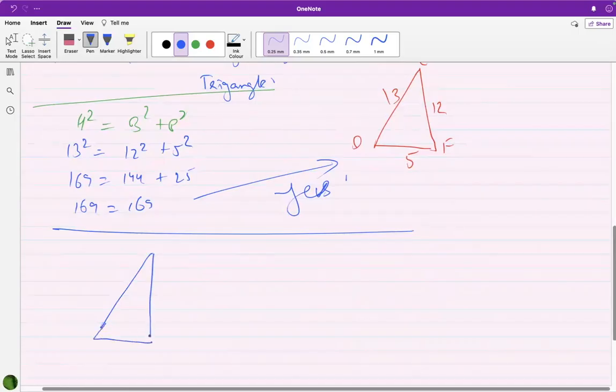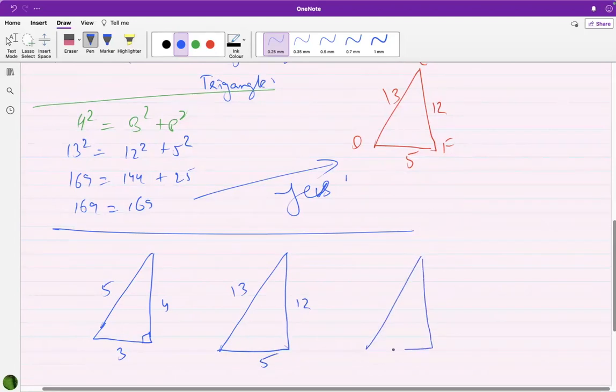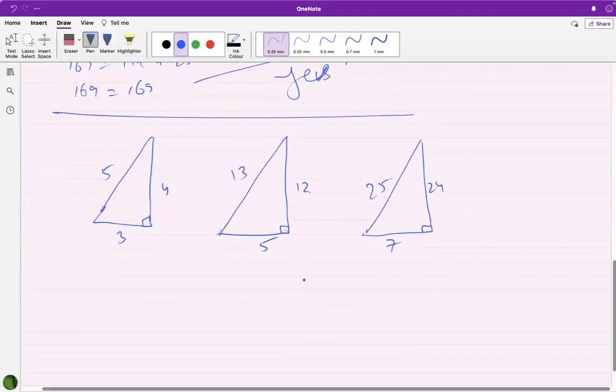We just did it two times. That was 3, 4, and 5. And we did one more question, which was 13, 12, and 5. Then 25, 24, and 7. So somehow, just by solving questions, when there are no decimals, this goes into our long-term memory.